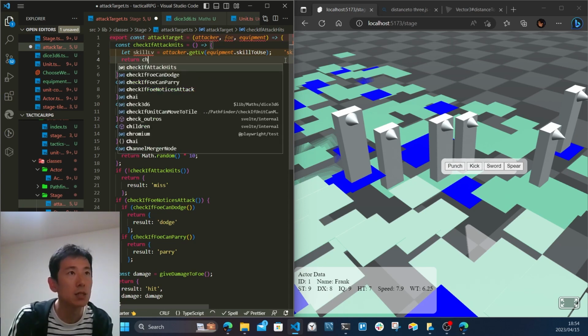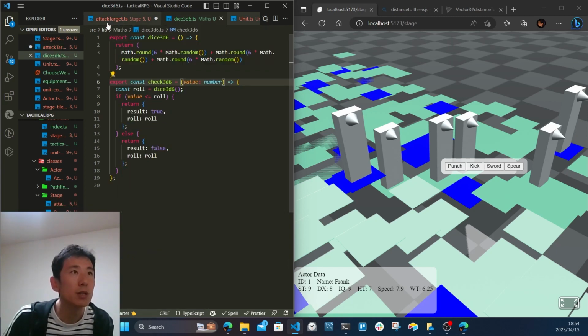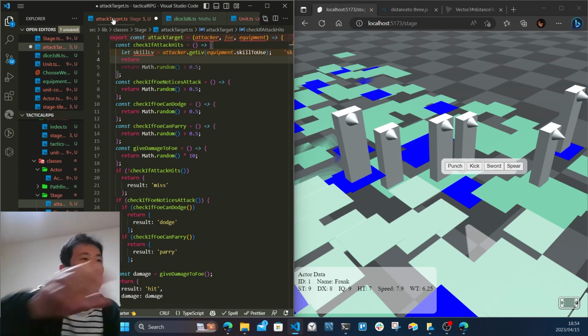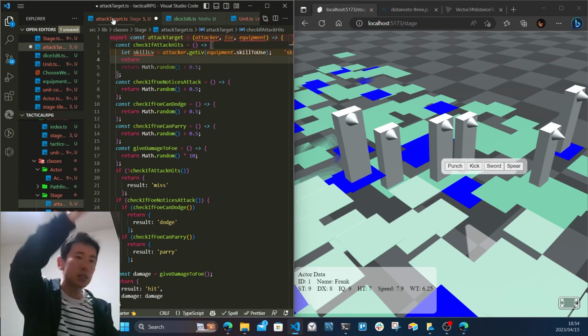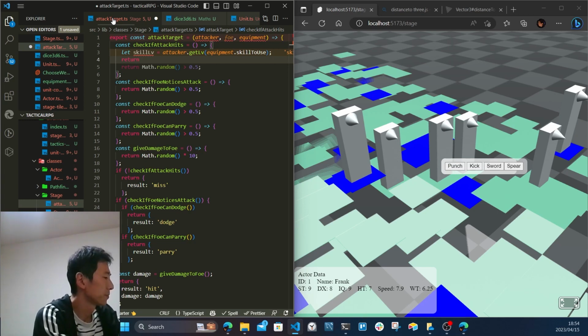what is it? Check 3d6. Is it the term check, or what is the term to check? Like to roll, right? So roll is a success roll.